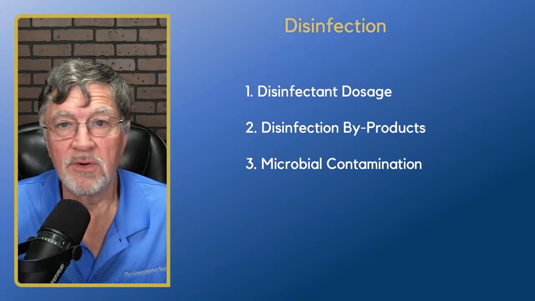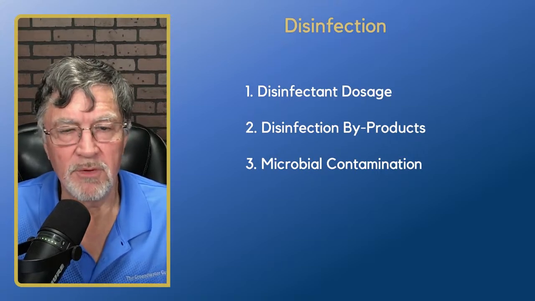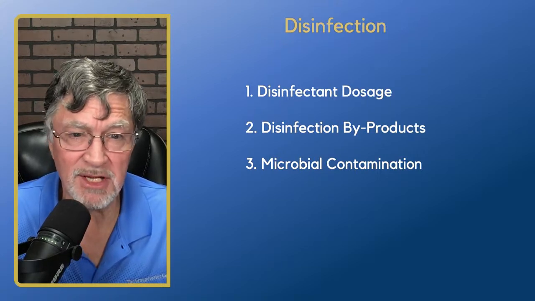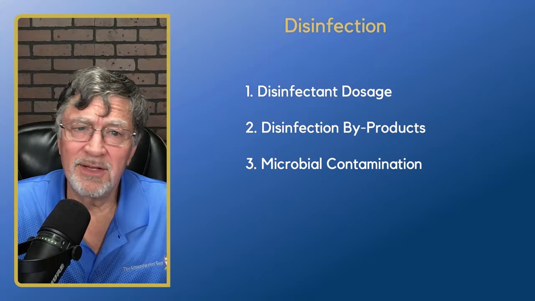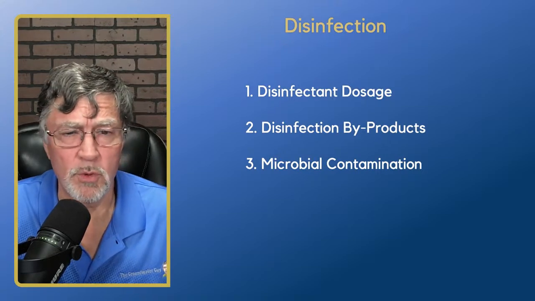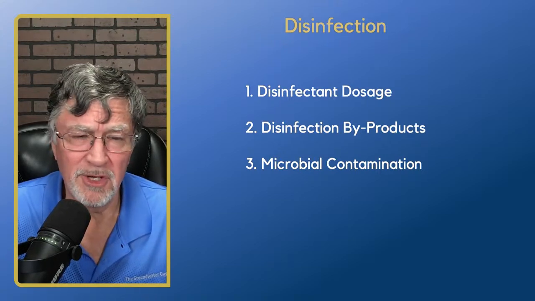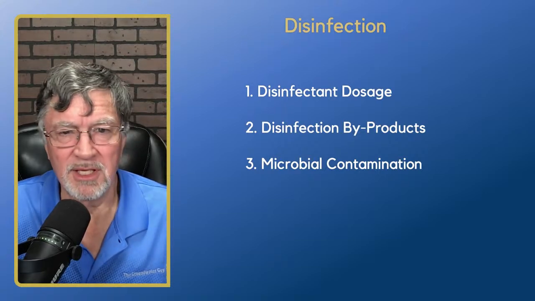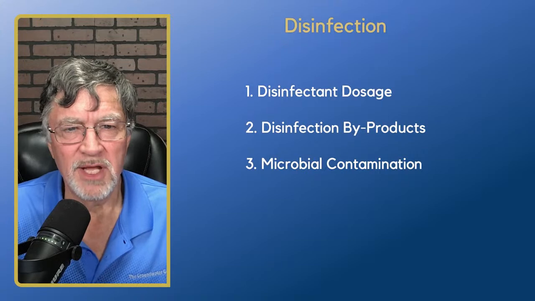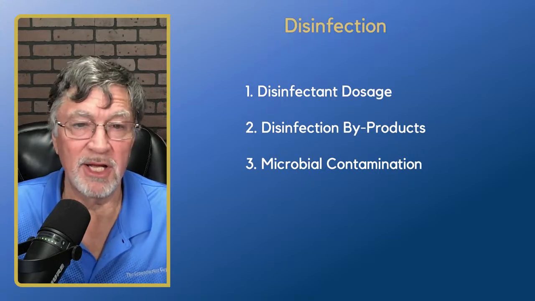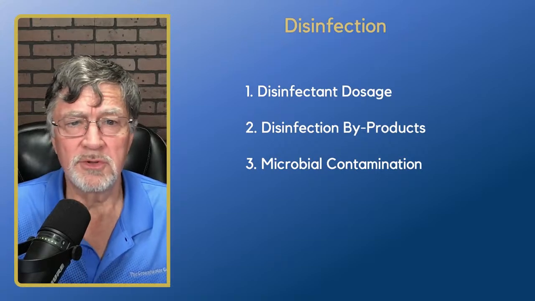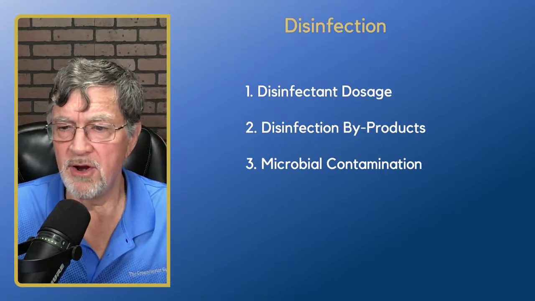Now, if your disinfectant dosage is going up and you haven't changed anything, then that could indicate problems with your water quality, the bacterial loads coming in, and it may be something that's so subtle it doesn't jump out at you unless you're actually tracking the trends here. So that might be one KPI there.